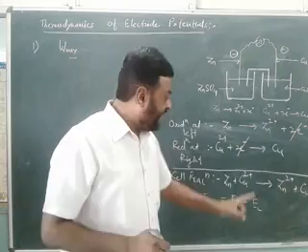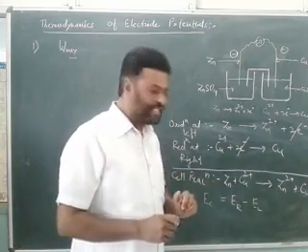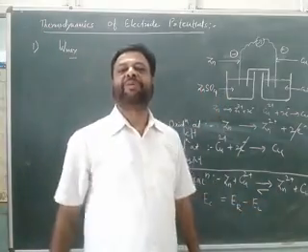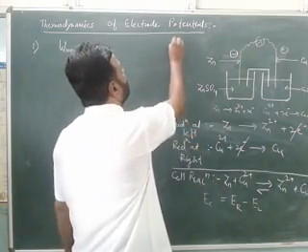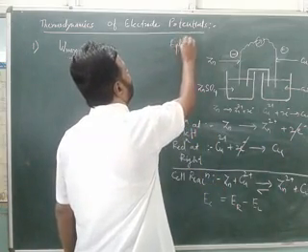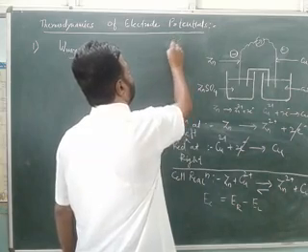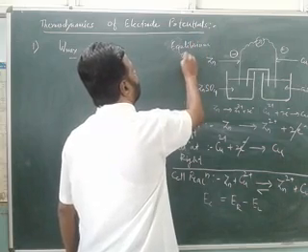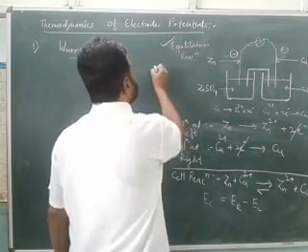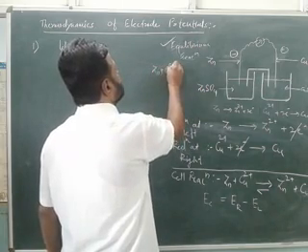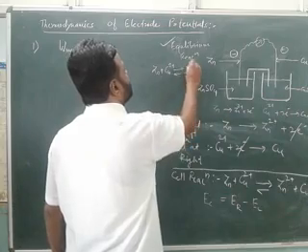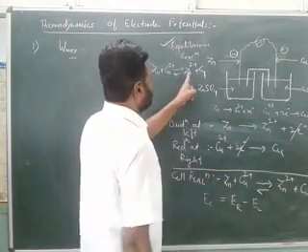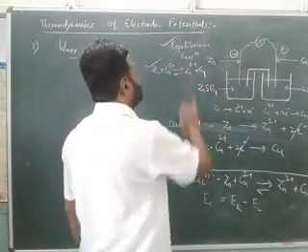And if the reaction is at equilibrium state, suppose the reaction is at equilibrium state, then no work can be produced. So when the equilibrium reaction takes place, means Zn plus Cu2+ gives rise to Zn2+ plus Cu, this cell reaction, suppose this is the equilibrium reaction.